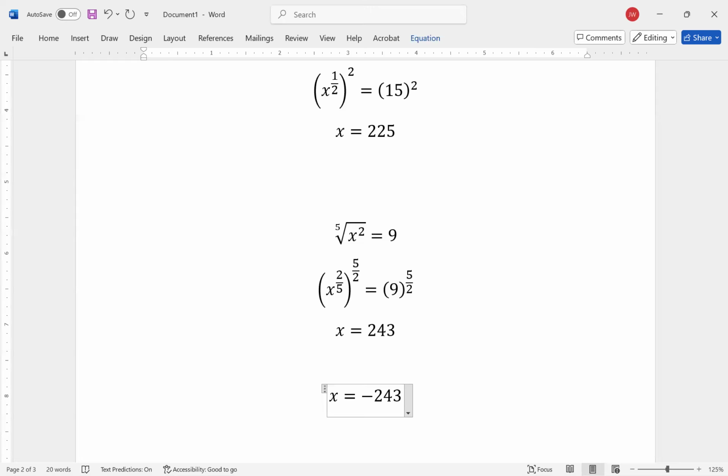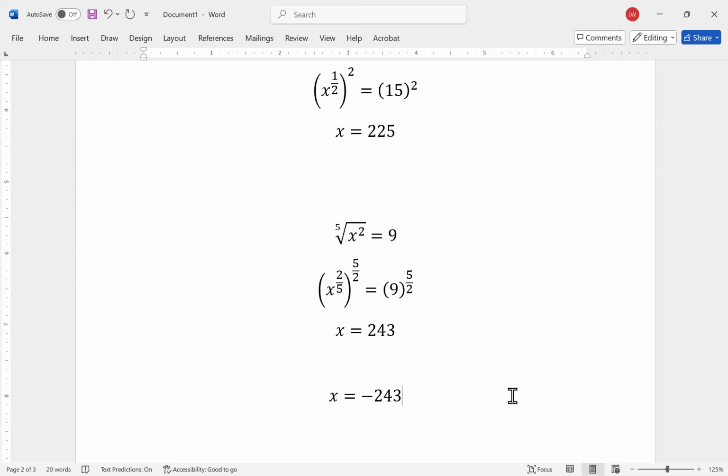But in this case, because we square before we take a fifth root, when I square the negative 243, I'll get a positive number, specifically 59,049. So if I square the negative, it changes into a positive number, and I can take the fifth root of a positive number as well. So x equals negative 243 also works.